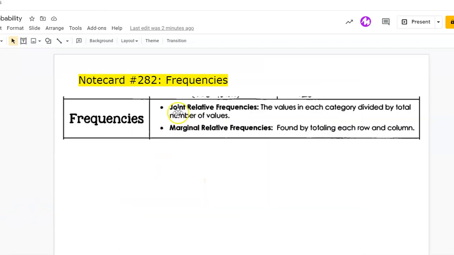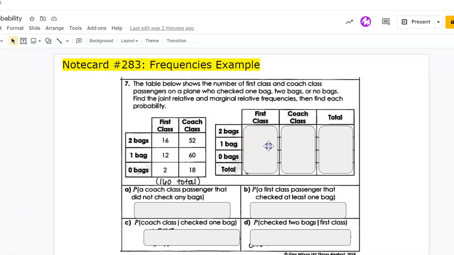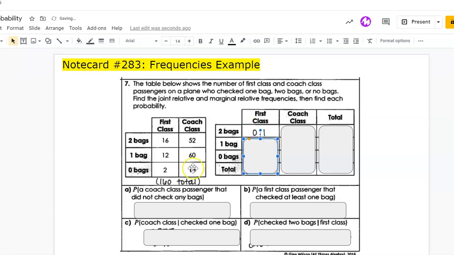So to find the joint relative frequencies, remember, it's the values in each category divided by the total number of values. All right, so right here we had 16. So 16 divided by 160 is going to give me 0.1. Okay, how many of the first class had 1 bag? There's 12. So I'm getting my calculator, doing 12 divided by 160.